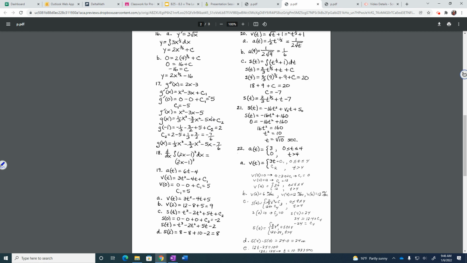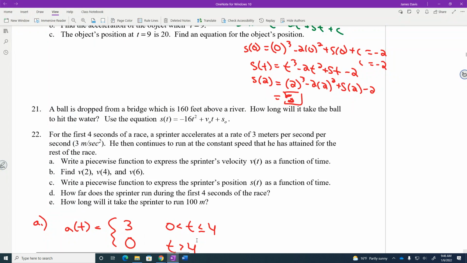I figured out exactly how you got your answer, but then I couldn't figure out how Daniel got his answer, because I remember asking him. Let me pull it up here. Ball is dropping off your bridge.